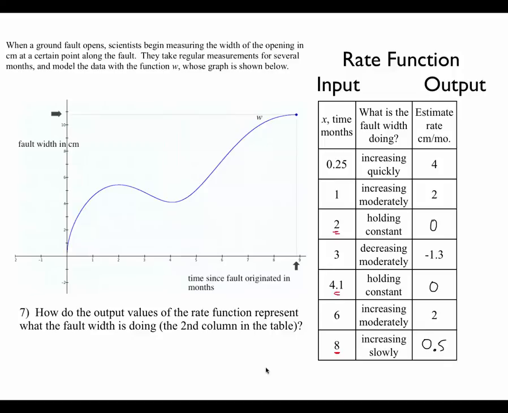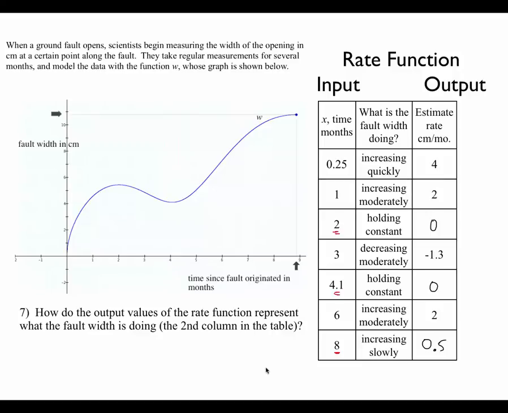Positive, but not such a large number. Okay, holding constant, rate of change is 0. Decreasing, rate of change is negative. And the value of that negative is how fast it's decreasing. Okay, increasing slowly. Right, so we pick that off looking at the graph, and we get this number that tells us that we estimated it's going to open up just 0.5 centimeter per month at that point.